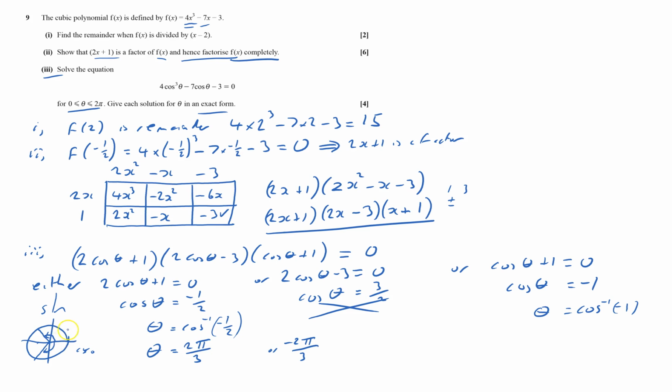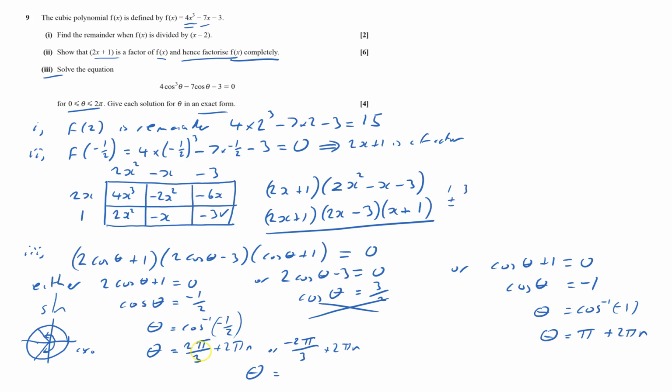And each of those I could go around numerous times, so that's plus 2 pi n radians. This one here, when's it equal minus 1? It equals minus 1 just there, and so I get theta equals pi plus 2 pi n, and it's between 0 and 2 pi, so I've now got the answers.